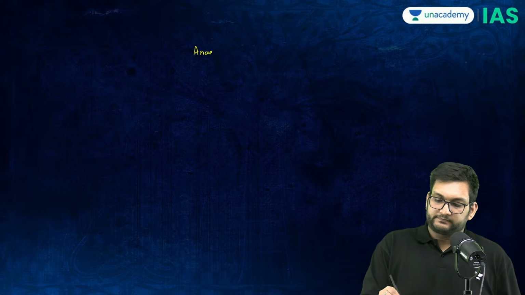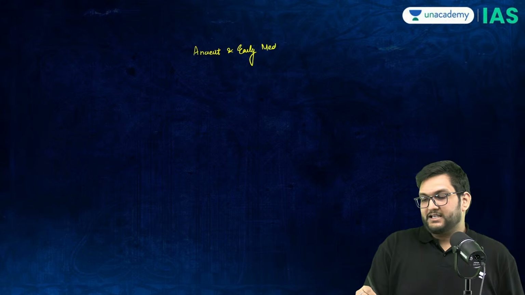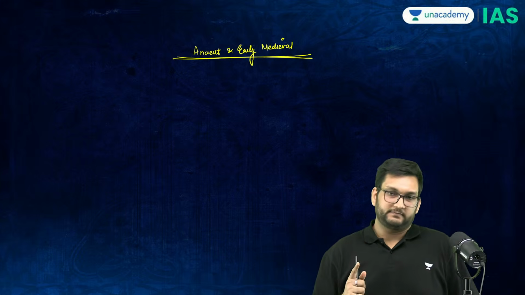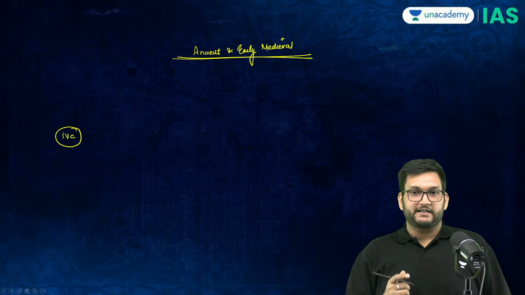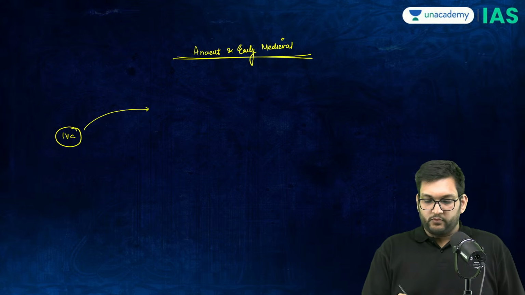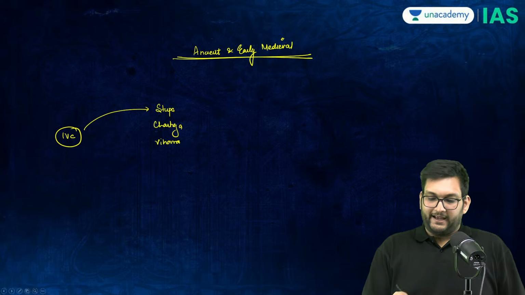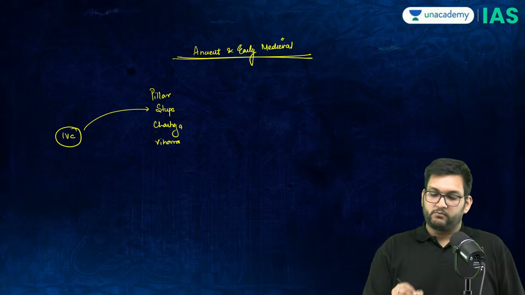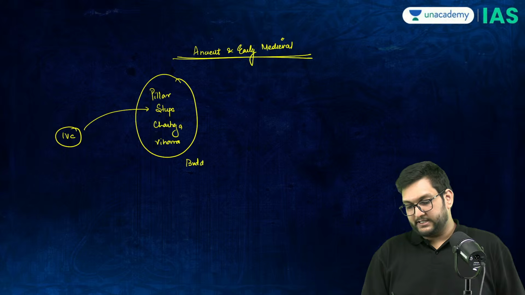Now, when we talk about ancient and early medieval, just to give you a taste of what that means, we start with IVC architecture. Then we move to the Stupa, Chaitya, Vihara, and pillar architecture of the Mauryan period. This is one thematic, which is called Buddhist architecture.